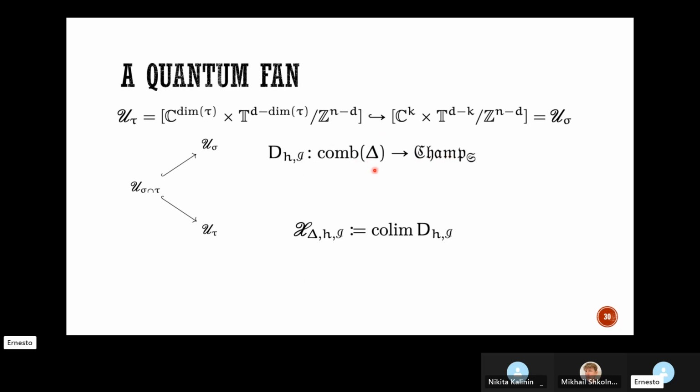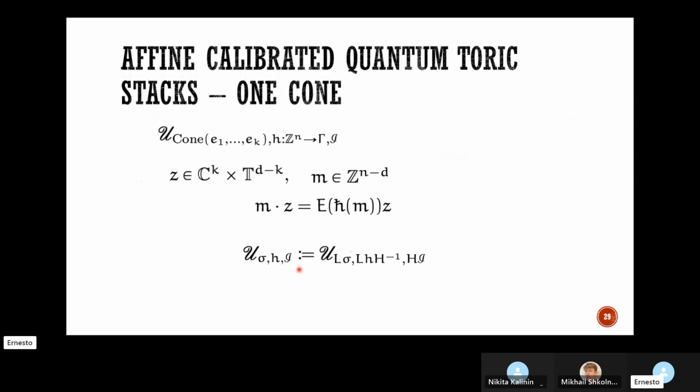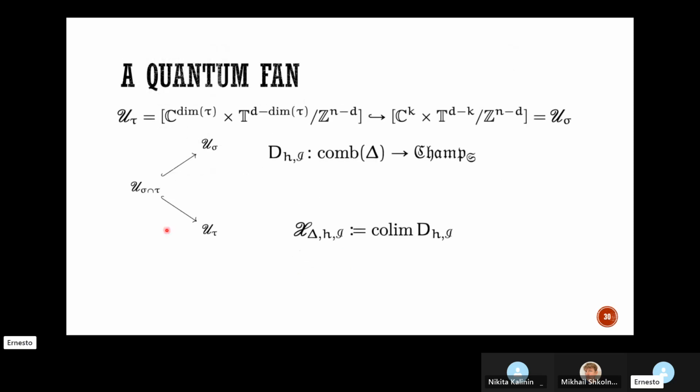In practice, what it means is that because of the previous formula, you can identify this presentation of this stack with this presentation of this stack. So you can glue these two things. So you can glue all these stacks that are analytic stacks.